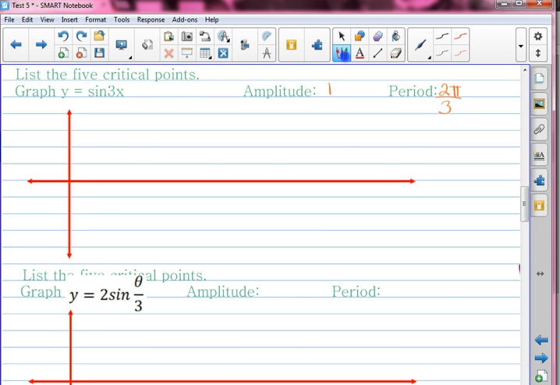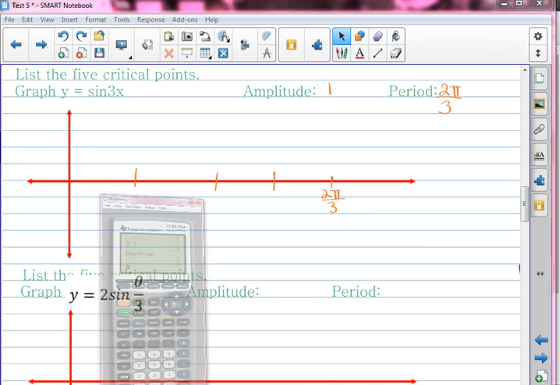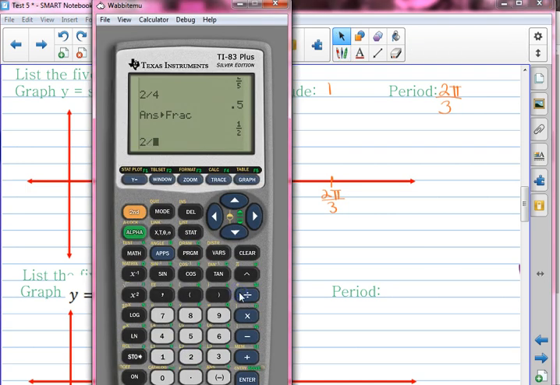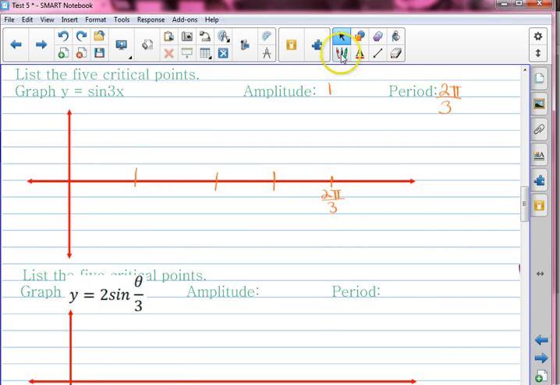Now, to break up your x-axis, you put your period all the way on the right. Then you break it into 4 equal parts. And then you take your period and you divide it by 4, and you get pi over 6. Then you just keep adding pi over 6.